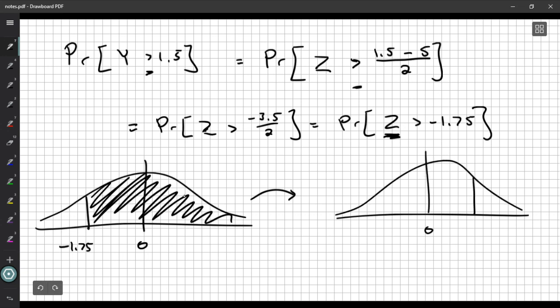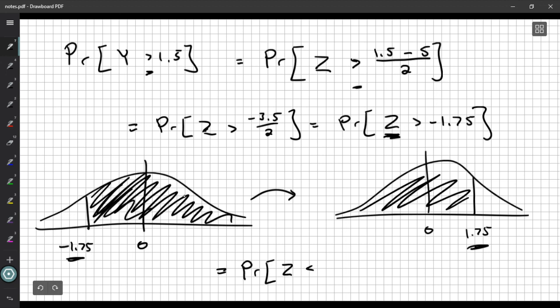Flip the whole thing over, use the symmetry of the standard normal curve, and now the negative z-score flips around and becomes positive. The area that was shaded to the right now becomes an area shaded to the left. So the probability we want is the same as the probability of z being less than 1.75, and that can be looked up in the chart.